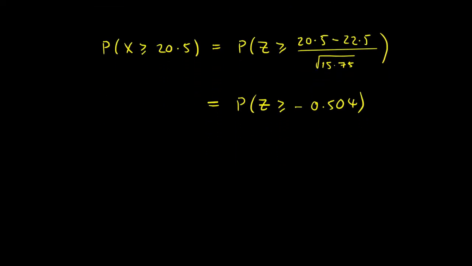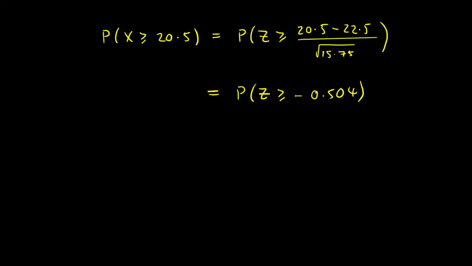Okay, and that creates a little bit of a problem for us because the z distribution, number one, doesn't tell us values for negative z coordinates, and also it doesn't tell us the probability that we're greater than a certain value. It only tells us the probability that we are less than a value. So we need to draw a quick diagram to visualize what's going on here.